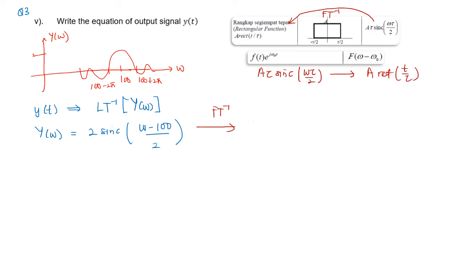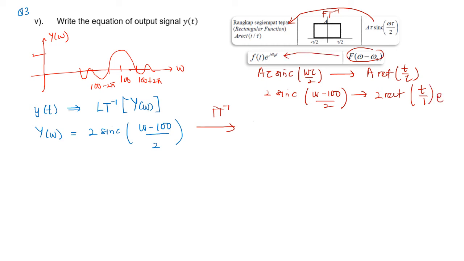So in this case, you have your a tau equal to 2. So a tau equal to 2 sinc function omega minus 100. So your tau is 1. So it is equal to, your a is 2 rectangular t over tau. Tau is 1. Okay, when you refer to the Fourier transform table, when you have shifting in frequency, in t you'll be having multiplication with exponential function.